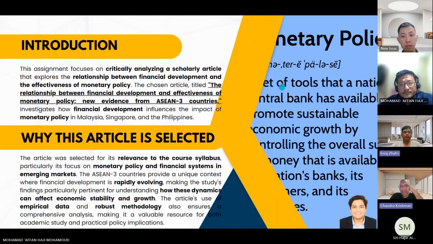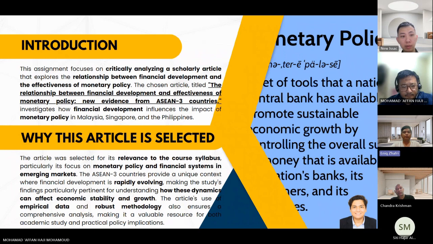As an introduction, we'll be critically analyzing a scholarly article relating to monetary policy. The article focuses on the impact of monetary policy in Malaysia, Singapore and the Philippines. We chose this article as it is relevant to the course syllabus.